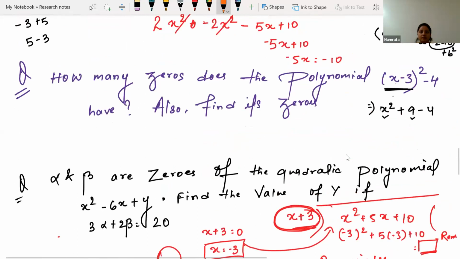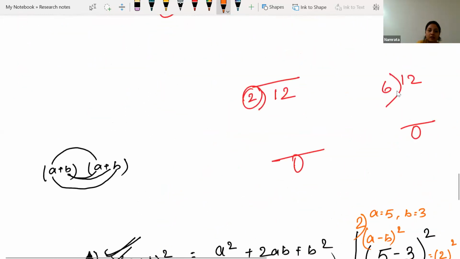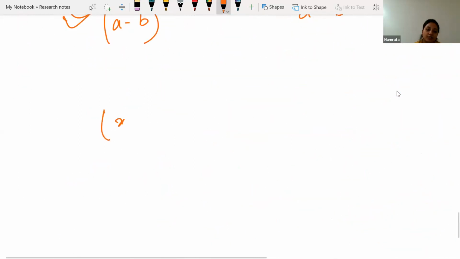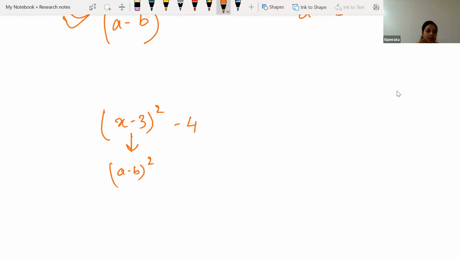So, we were having x minus 3 whole square. This is the polynomial we were having, that is (x minus 3) whole square minus 4. Here either we can expand this one by using the formula of (a minus b) whole square, and write it as a square minus 2ab plus b square.